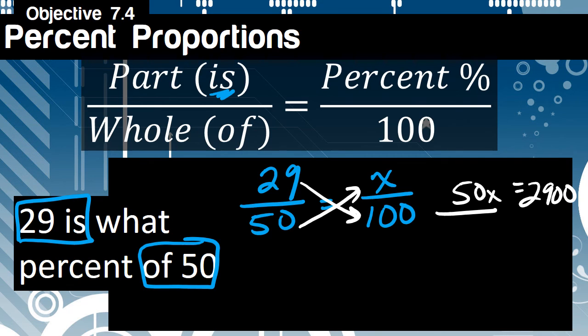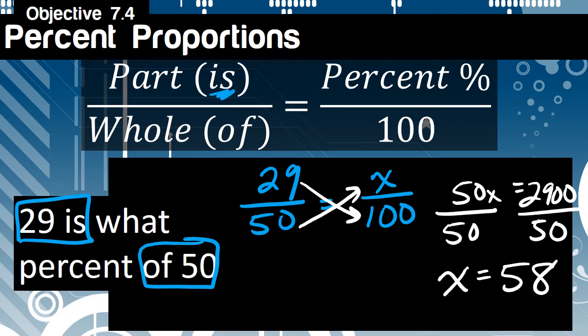And we can now divide both sides by 50. So we have x being equal to 2,900 divided by 50, which equals 58. So we can say 29 out of 50 is actually 58%. And let's add our percent sign at the end so we can label this correctly.